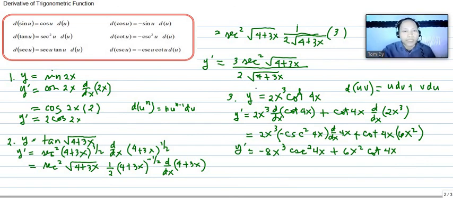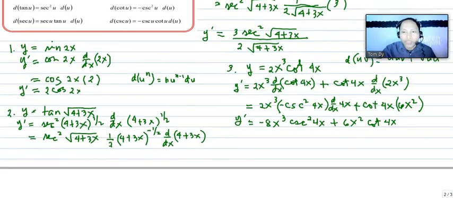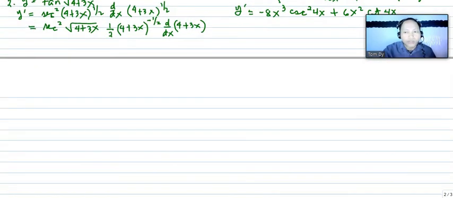Okay, example 3. So that is the derivative of a trigonometric function, or that is how we use all these formulas. Okay, so that is a trigonometric function. Another example, we will have here another example.